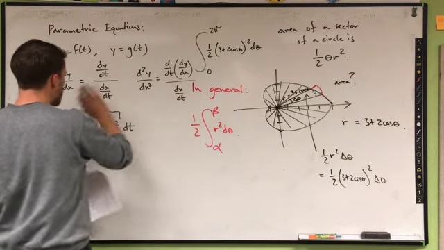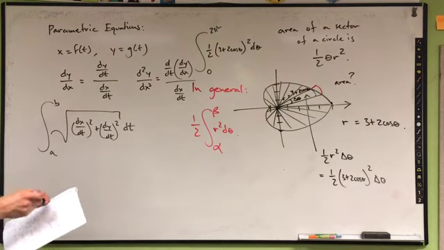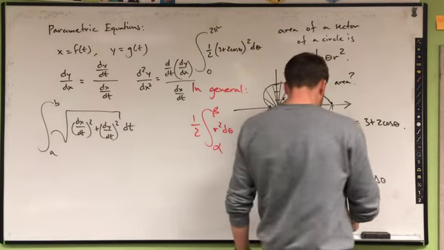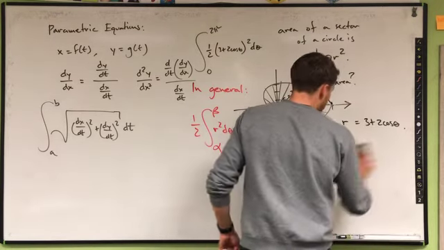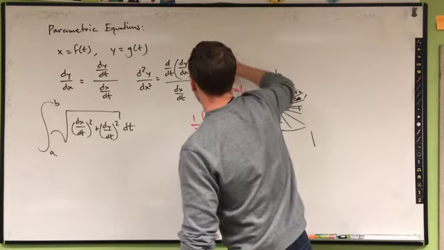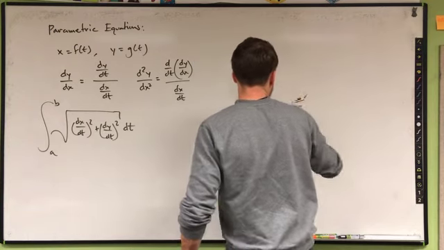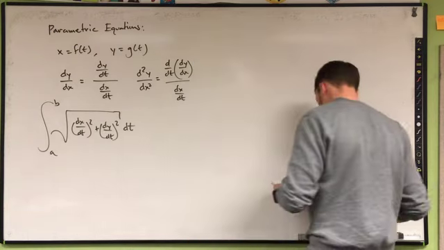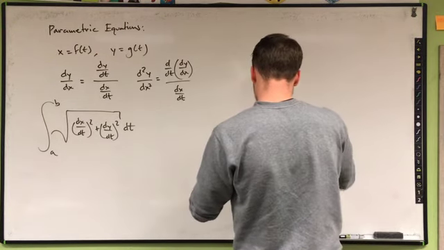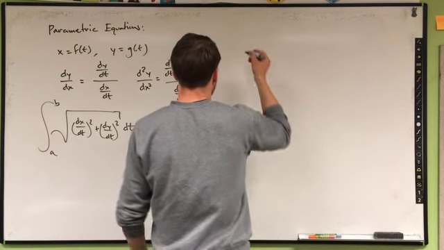So these are some things that we know from parametric equations, and we want to now extend those to polar equations, because polar equations are really parametric equations. They can be written parametrically. So let's think about this.